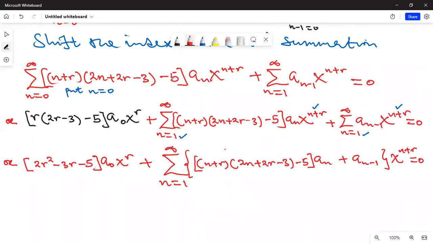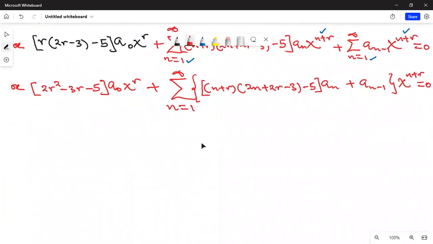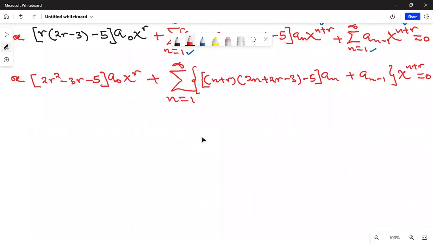And now the next thing is, now you equate the corresponding coefficients. So we write this, that equate the coefficients of the corresponding powers of x.